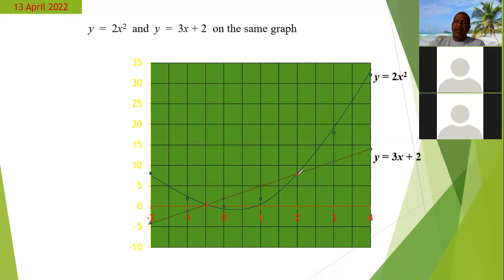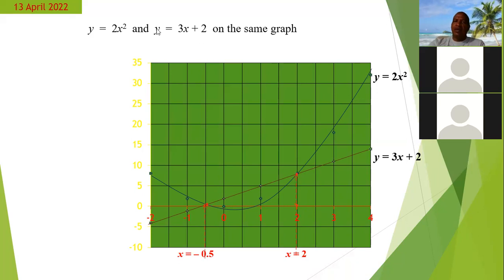All we need to do is read from the x-axis what the value of x is. If you come all the way down, you'll see that x is equal to 2 right here. And for this one, x would be approximately negative 0.5. And so that's how we use that graph to solve.